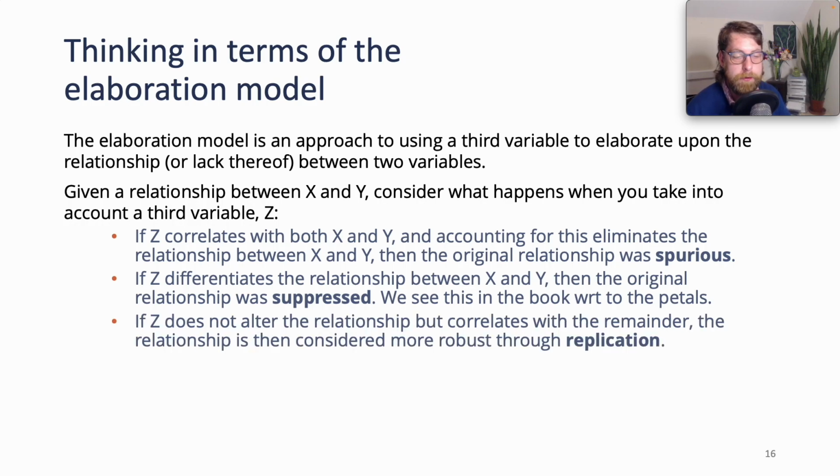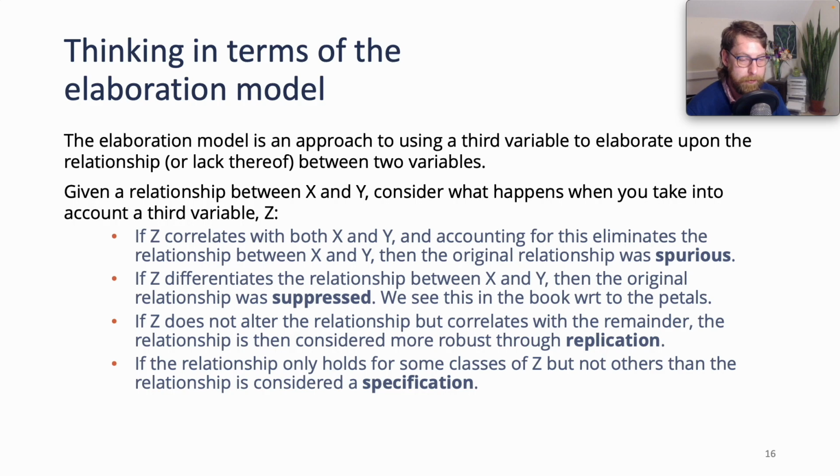Now, if z doesn't alter the relationship, then we can think the relationship is replicated, and that's often what we do when we have some existing expected relationship between two variables, and then we say, well, we'll test it, but this time, for the relationship between eating sugar and energy, we'll do it when the room is warmer, or we'll do it when people are doing a team building exercise rather than a math quiz or something. And if these things don't make a difference, then we could say the original relationship has been replicated.